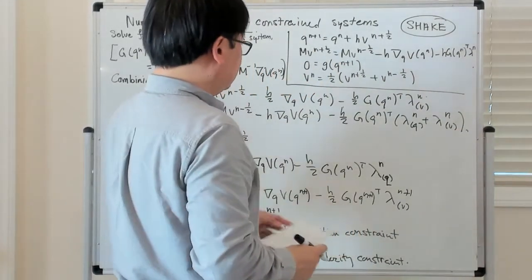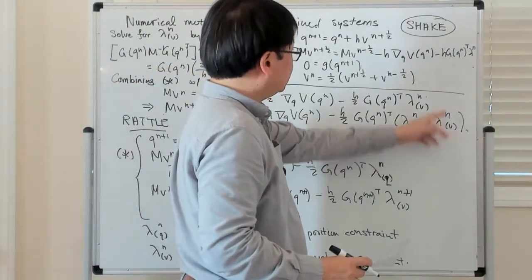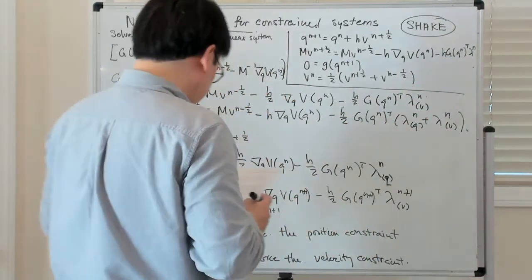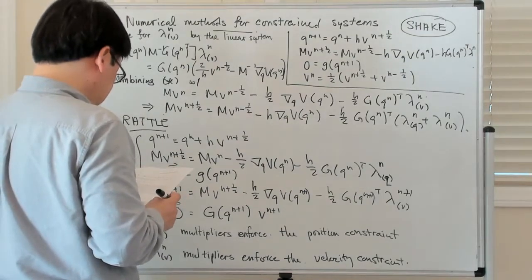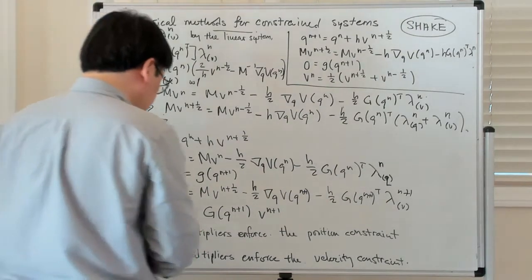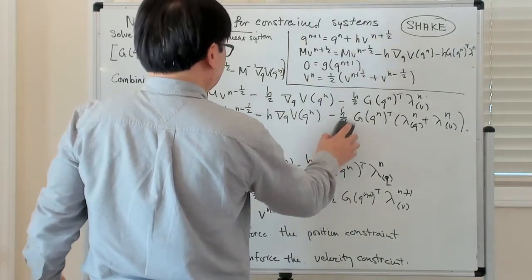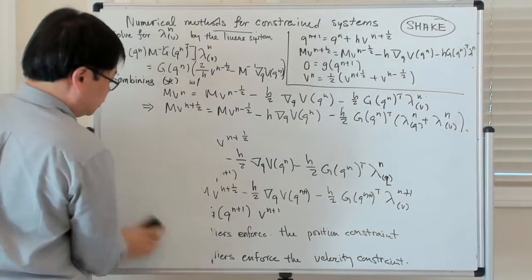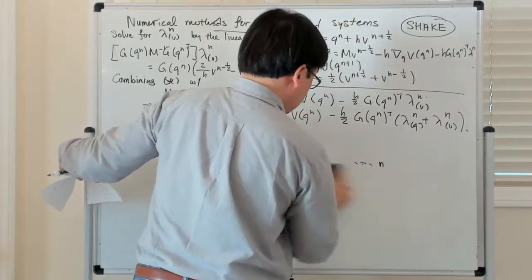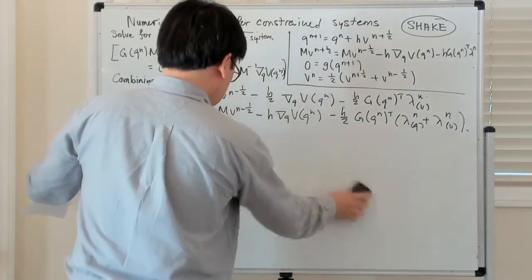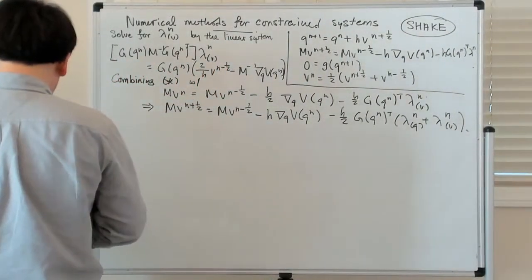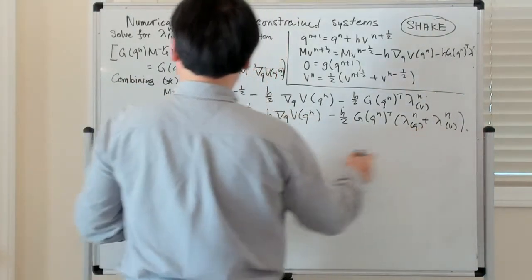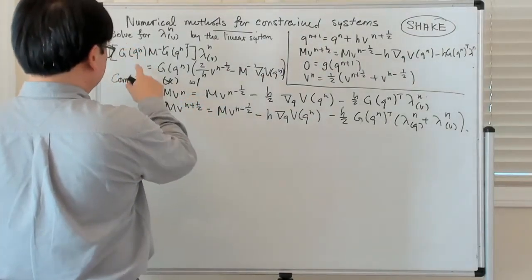So there are two multipliers then, and it's analogous to this one, but they're now two different multipliers. That gets you to a form which is quite close to SHAKE, but it's not exactly SHAKE. Of course you determine this by solving this condition here.